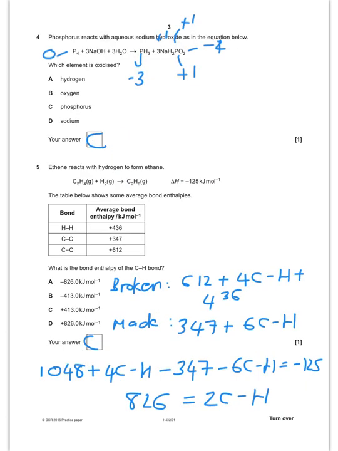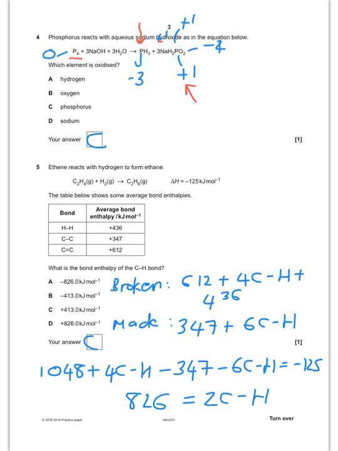So we now need to work out some oxidation states here. So first of all, phosphorus of course here is an element, so it's 0. Over here in phosphine, hydrogen is of course +1, and I've got 3 of them, so that means phosphorus must be -3. But here phosphorus is going to be +1, and the reason why is sodium is +1, and hydrogen is +1, and oxygen is -2, and I've got 2 of them giving me -4.